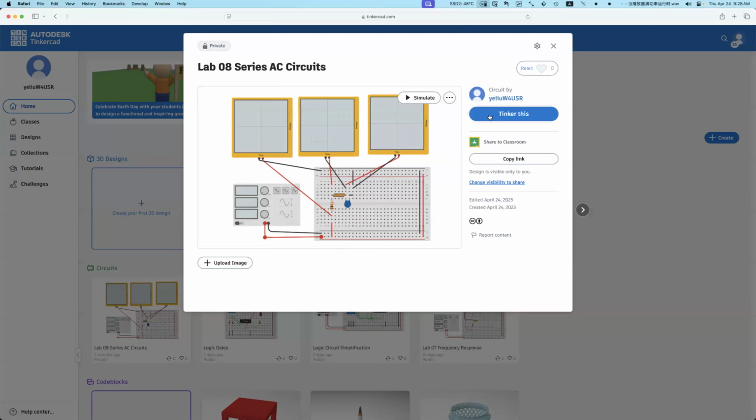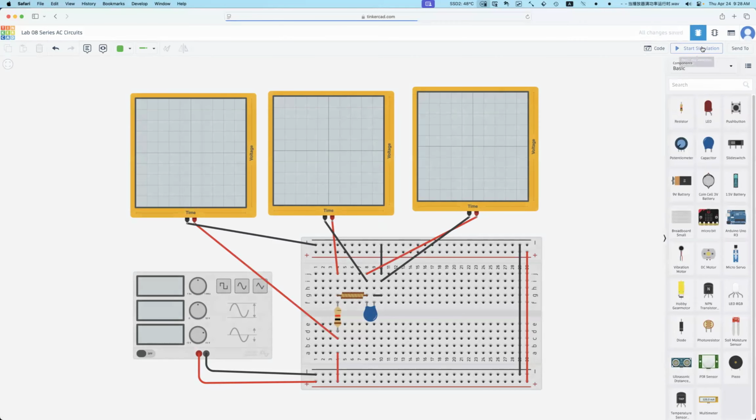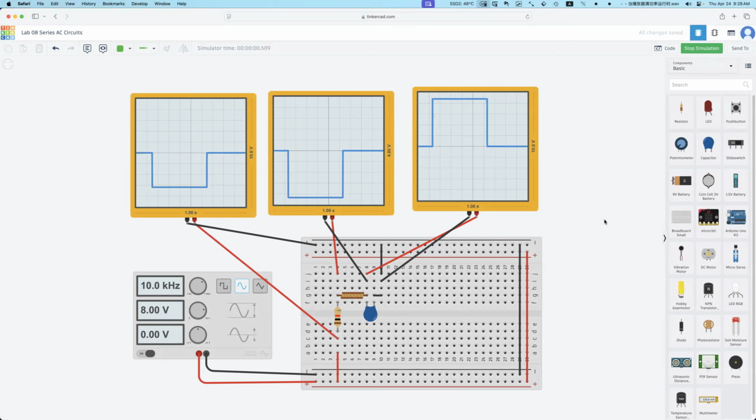Yeah, this is the latest one. It's the same. So I think this is because maybe the Tinkercad website has some issue. Maybe, yeah, you can just try start this lab and try it now.